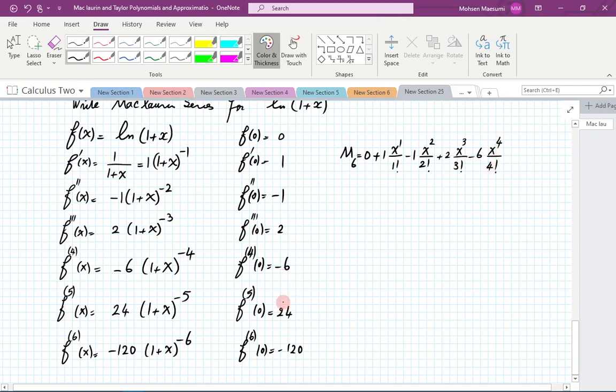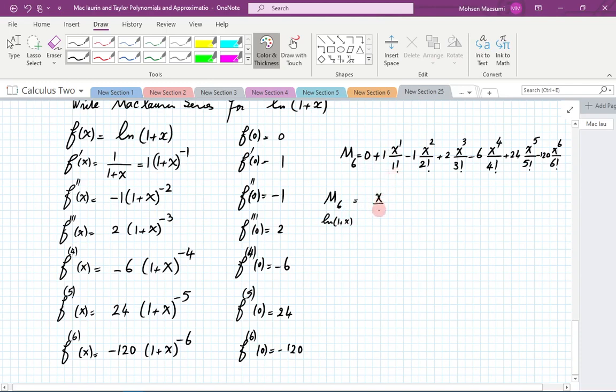Next number is plus 24x to the 5 over 5 factorial. Finally, minus 120x to the 6 over 6 factorial. Let's clean up. So M6, this was for logarithm of 1 plus x. Well, this, of course, we don't need to write that. That is just x.